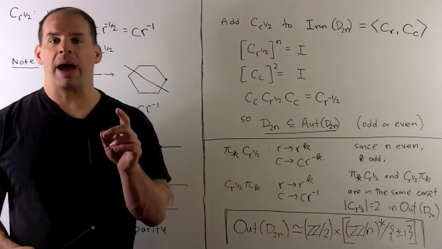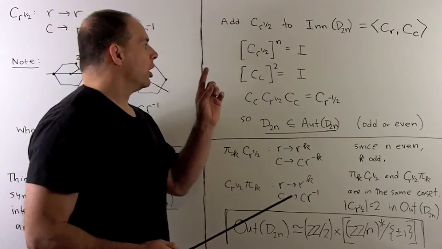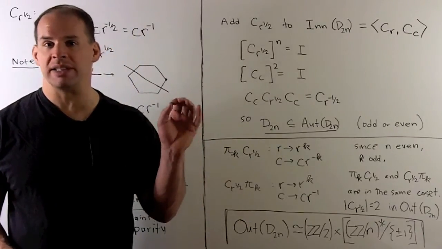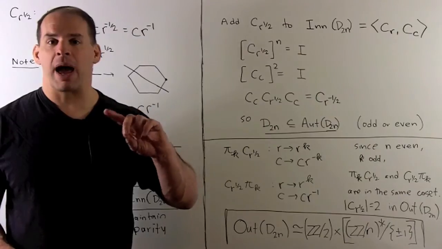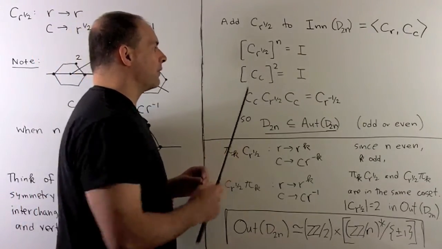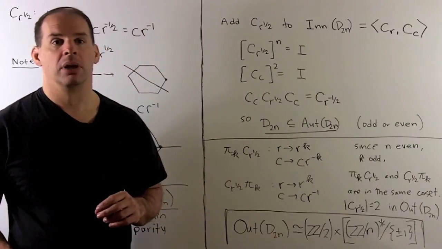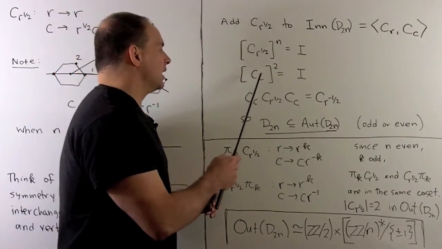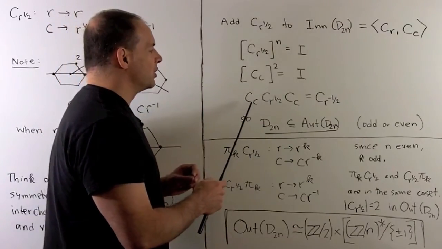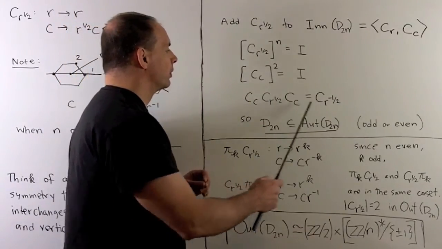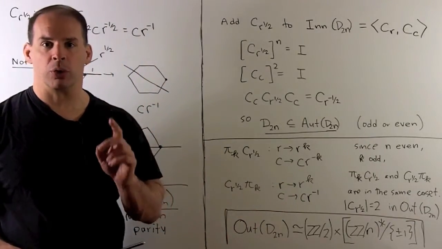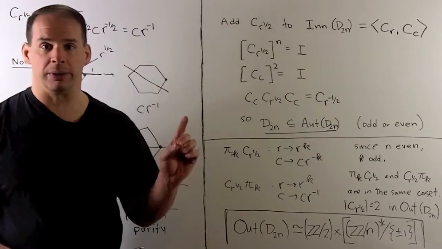If we raise it to the nth power, we're conjugating by R to the n over 2. R to the n over 2 is in the center, so we get the identity. That doesn't happen for any smaller power, so the order of conjugation by R to the 1/2 is n. C sub C has order 2, and we have a relation between reflections and rotations. So that means we have a copy of D sub 2n inside of our automorphism group, whether we're odd or even.